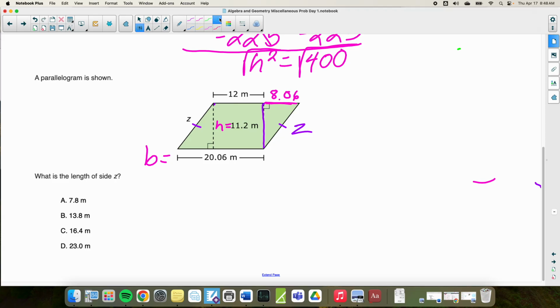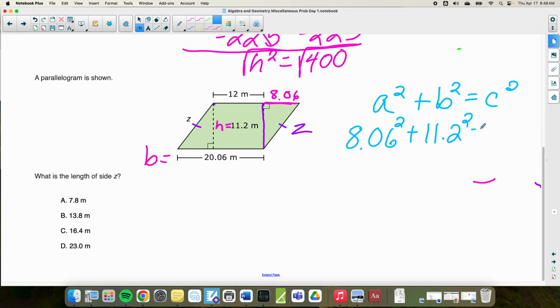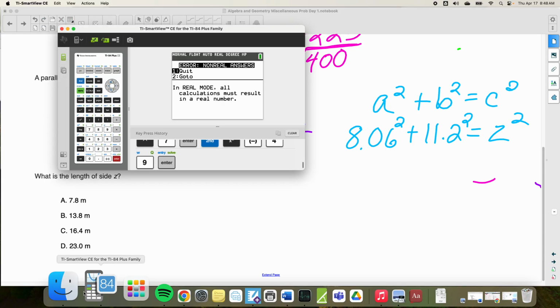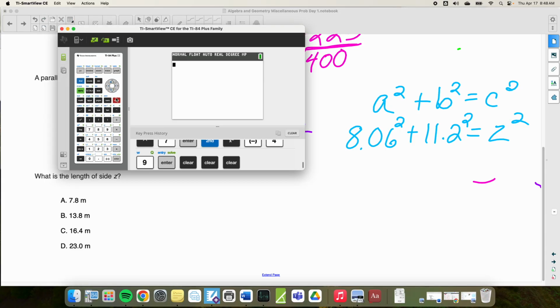So if I go and do a squared plus b squared equals c squared, a and b would be the 8.06 squared and the 11.2 squared, and c would be z squared, okay? Like I said, this one I'm like 99% sure that they're going to give you a calculator for. So we're gonna go 8.06 squared plus 11.2 squared, and that is my z squared.